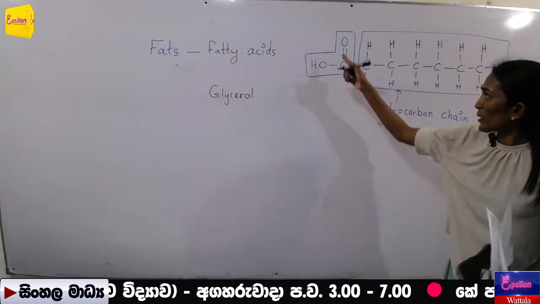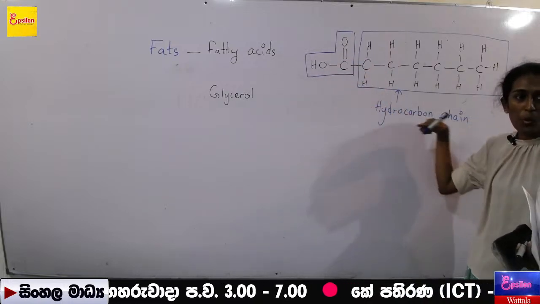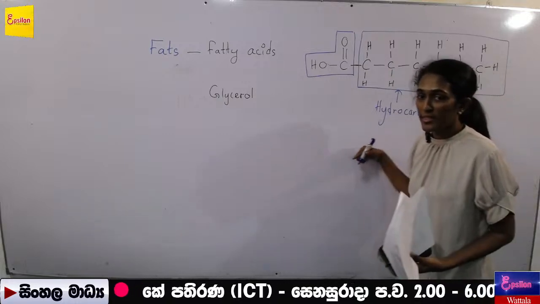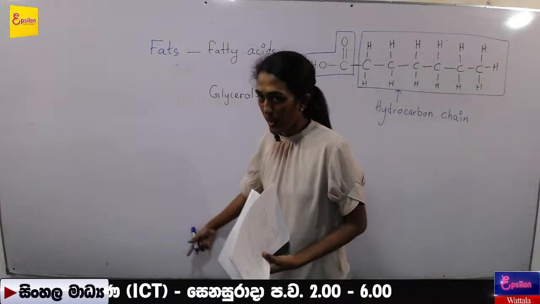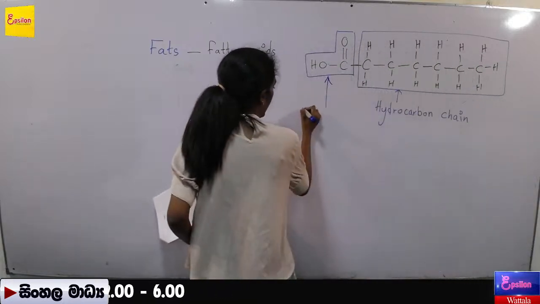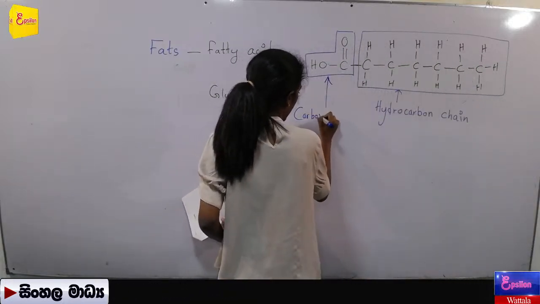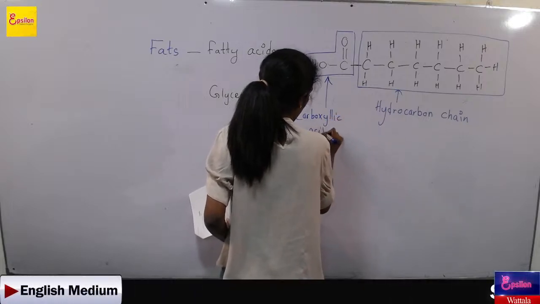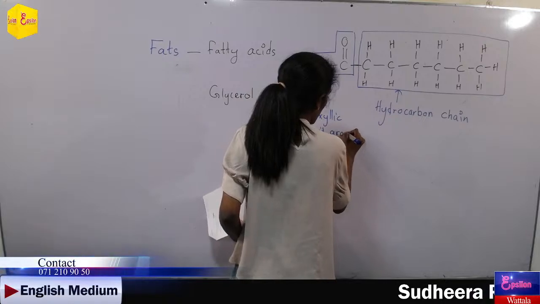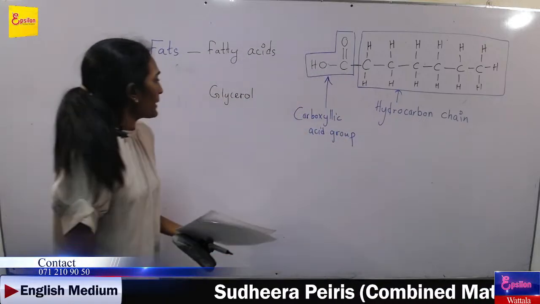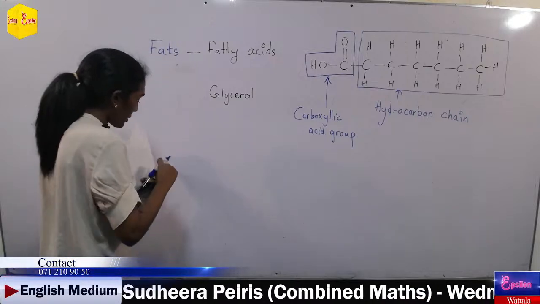You can see that only a few oxygens are there, and more hydrogen and carbon. That's why the hydrogen to oxygen ratio is more than 2:1. And this part of the molecule we call the carboxylic acid group, or the carboxyl group. Hari, understood?